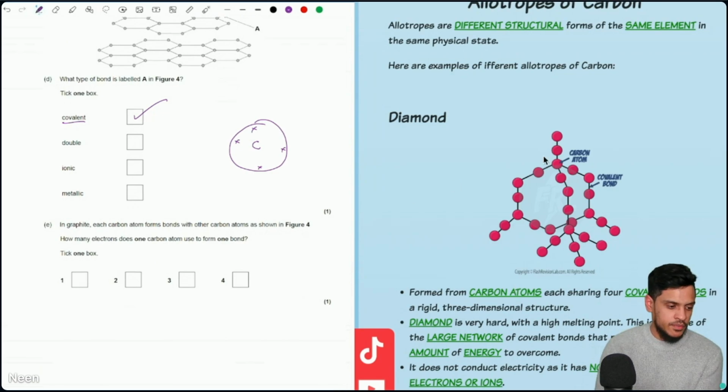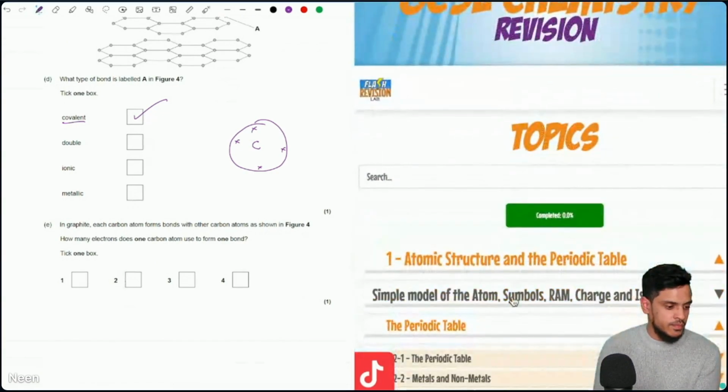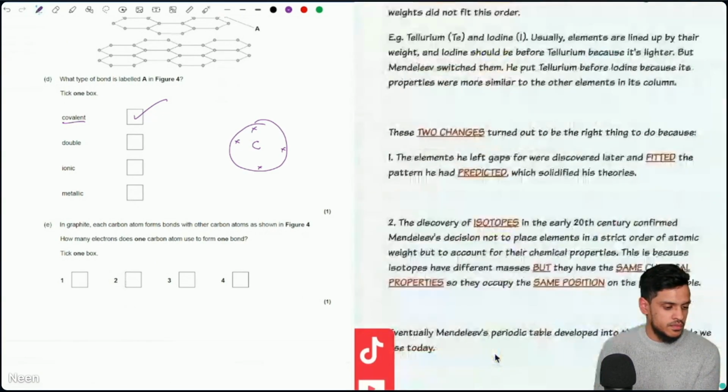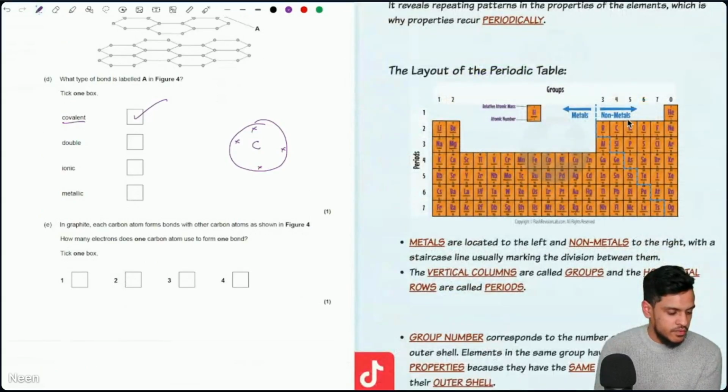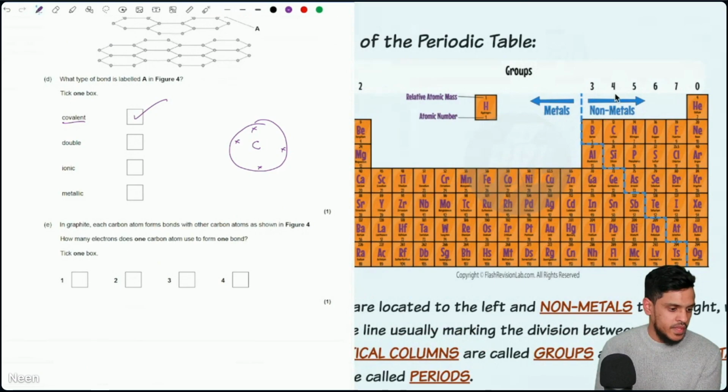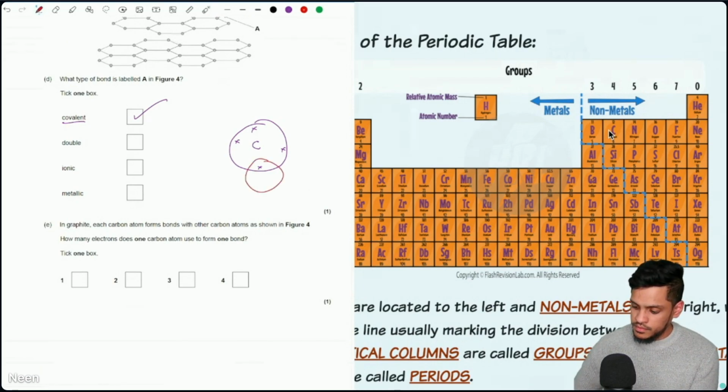If you look in the periodic table, carbon is in group 4. That means it's got 4 electrons in its outer shell. That means it can form 4 other bonds.